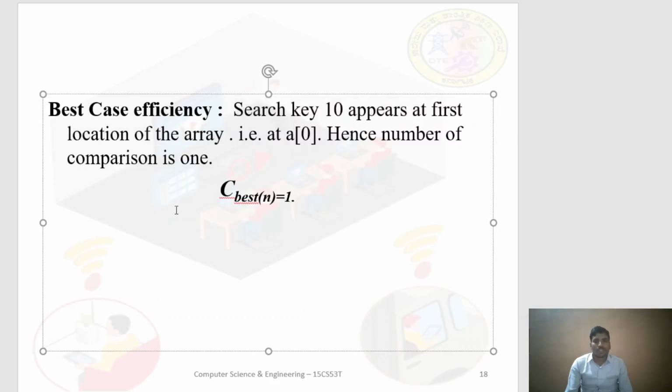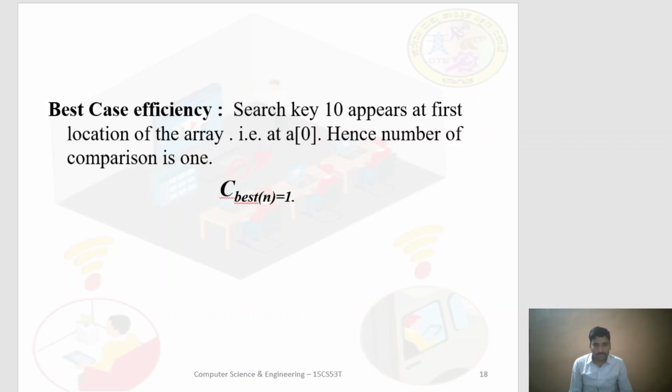Hence, number of comparison is 1. So ಇಲ್ಲಿ basic operation ಏನಿದೆ? In linear search algorithm, basic operation is comparison. Comparing the search key with every element of the array. So the best case efficiency of linear search is 1.